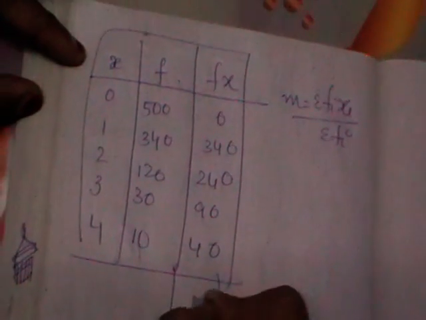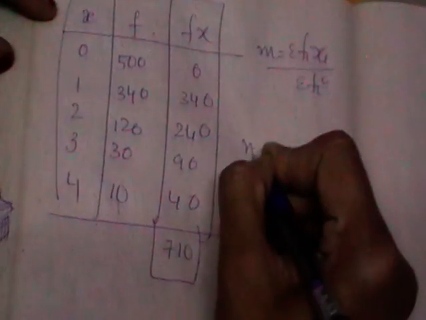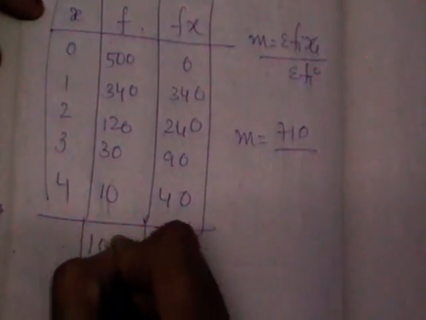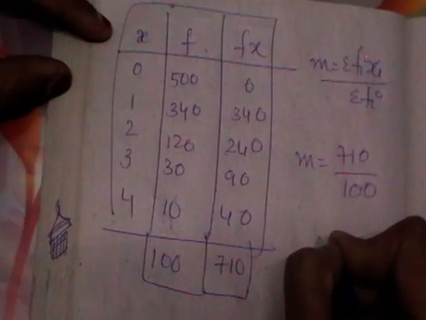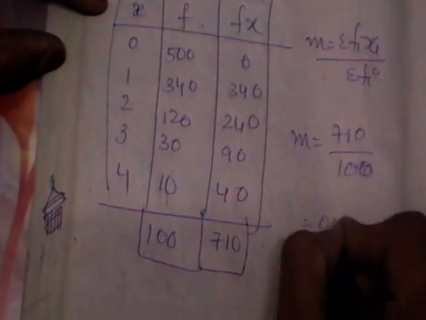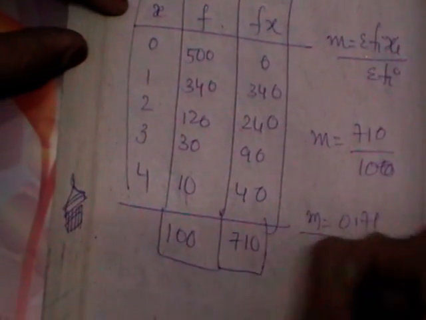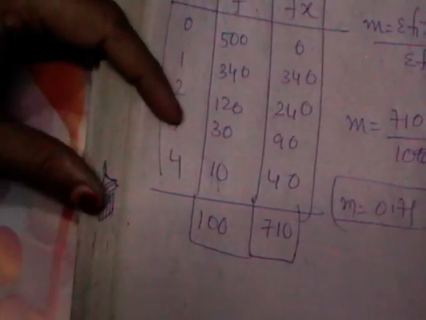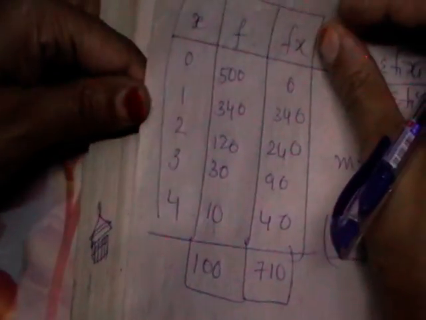The total of fx is 710, and sigma f is 1000. So m is 710 by 1000, which is 0.71. So I have obtained the value of m. Now I should go for fitting, where you should calculate the p of x column first.